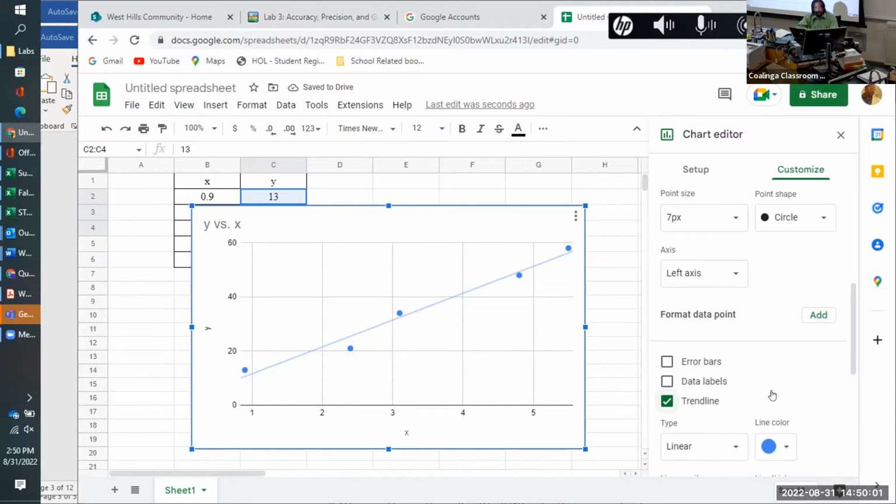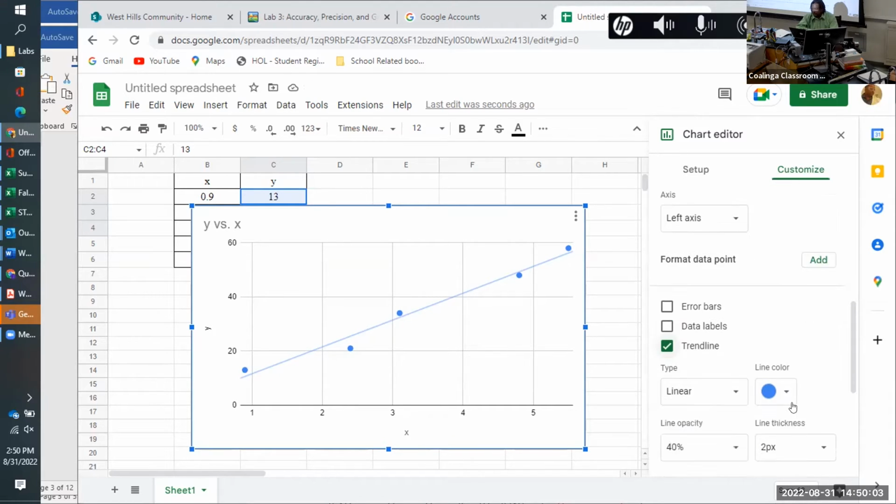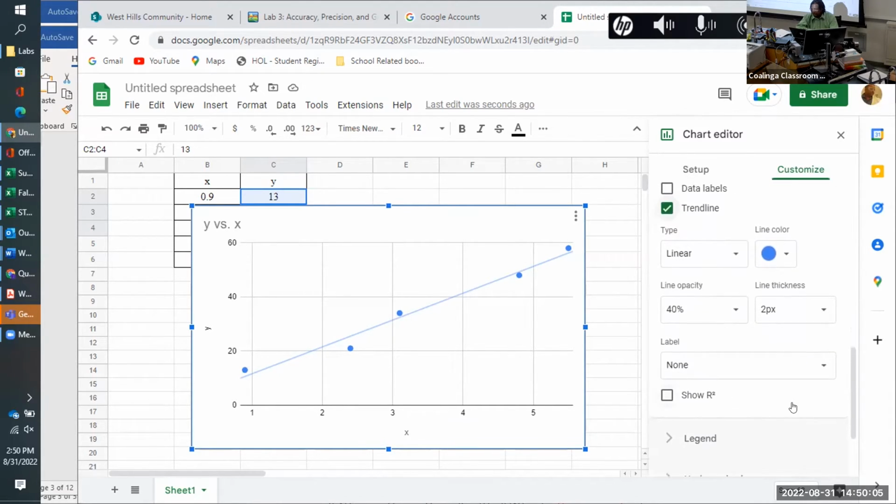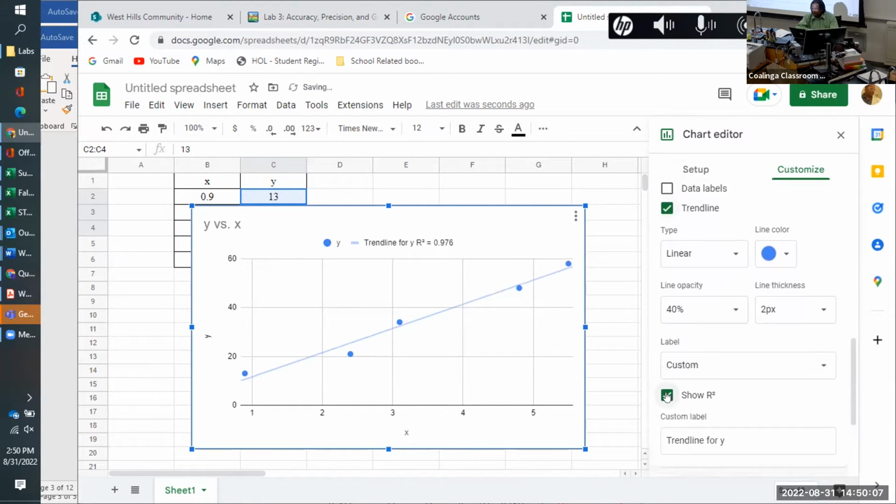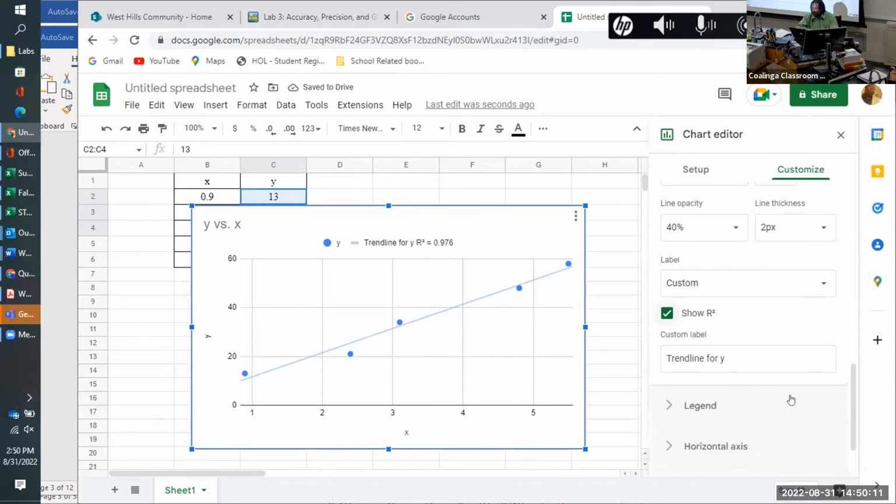That trend line fits the curve. If you take a look at my trend line, I also have it showing the R value. The R value lets me know how close to my curve I actually am. The closer that R squared value is to 1, the better it fits your curve.